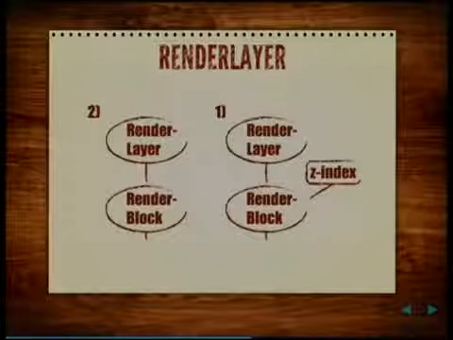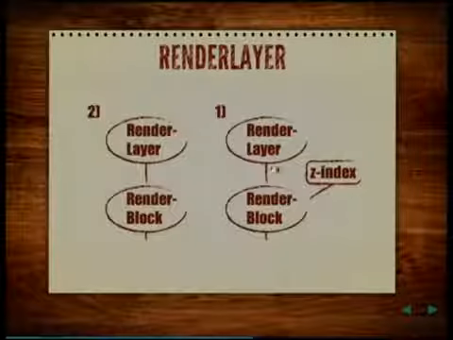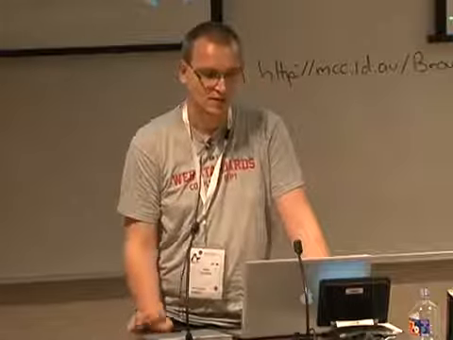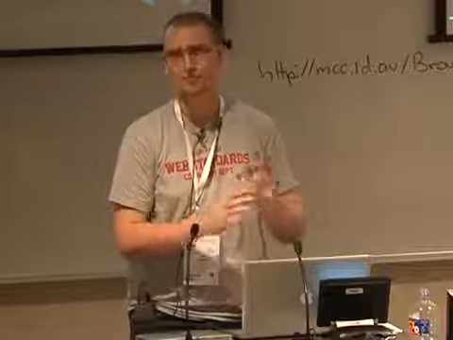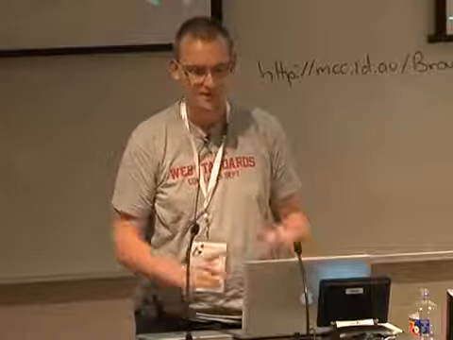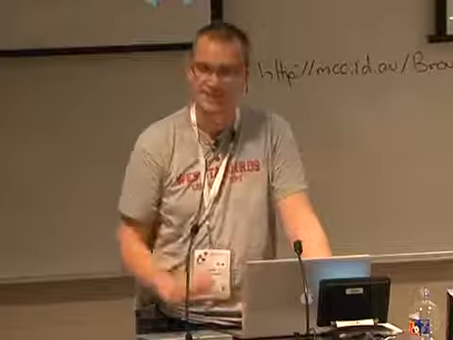So we have two render layers, and now we figure out which one we draw first. So we select this one because its z-index is higher than the other one. And then we create the second render layer and draw the rest above. Actually, the ordering is wrong. So we draw first this one, and then we draw this one, just because the z-index is higher.